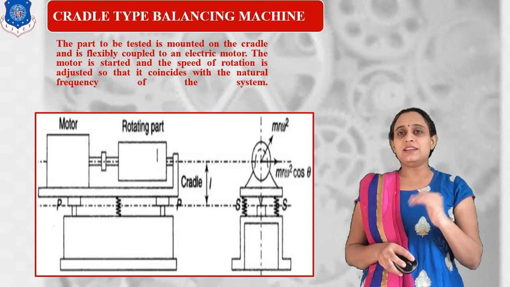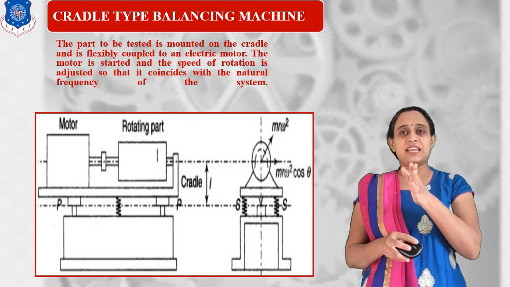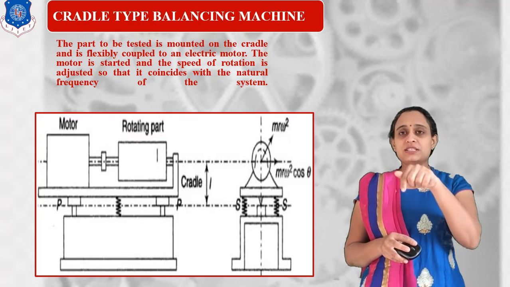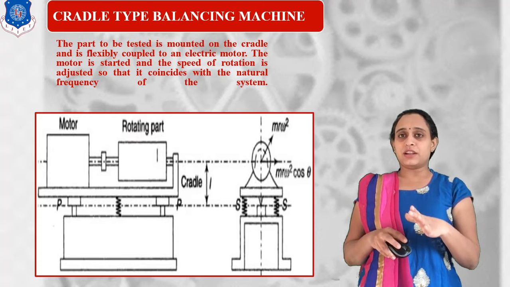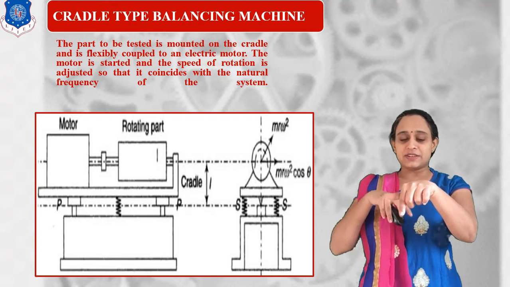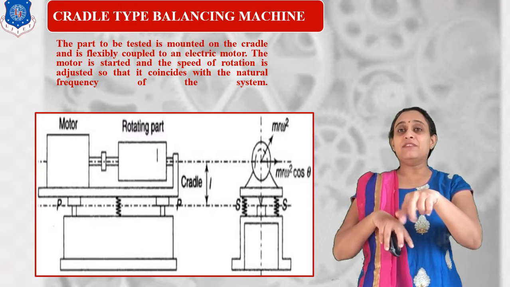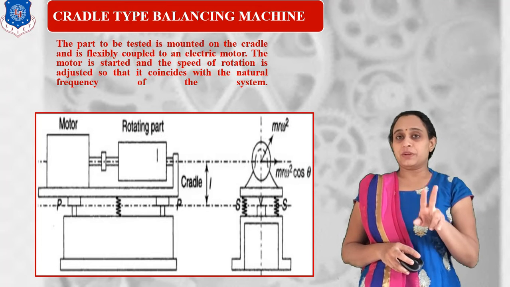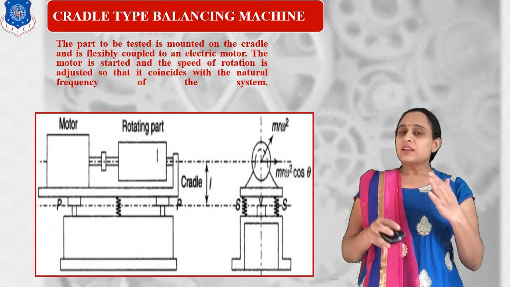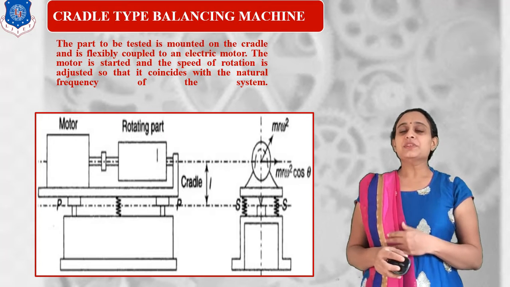From the front view you can see only a single spring, but because of the width of the cradle, there is a spring at the front side as well as at the back side. So we have two springs, as you see in our side view, and also two pivots for the balance of the system.